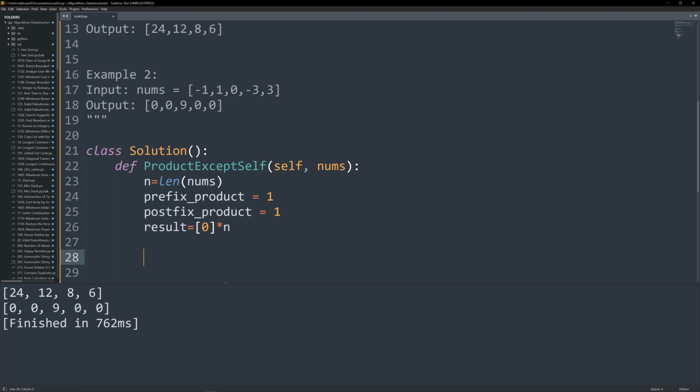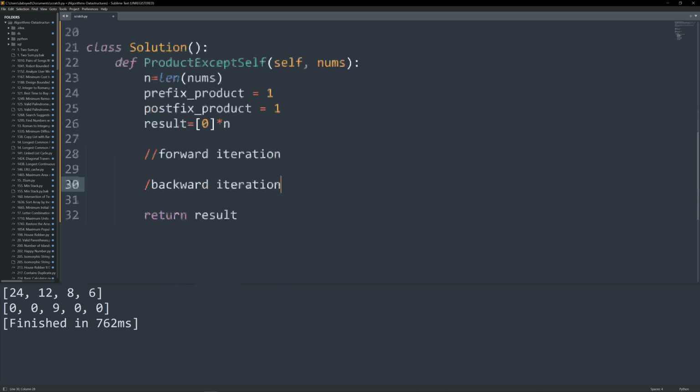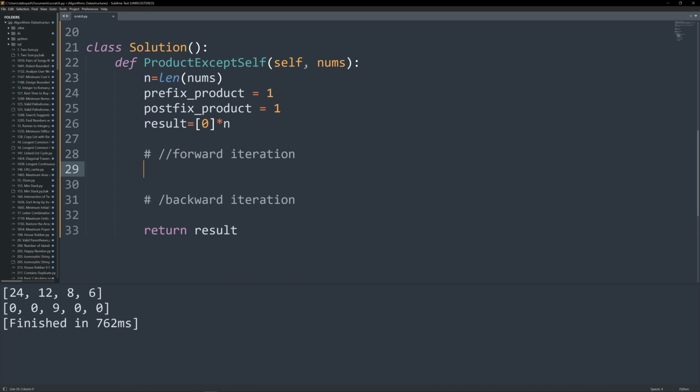Now there will be two iterations. There would be a forward iteration and a backward iteration. For the forward iteration, this will be calculating the prefix product.